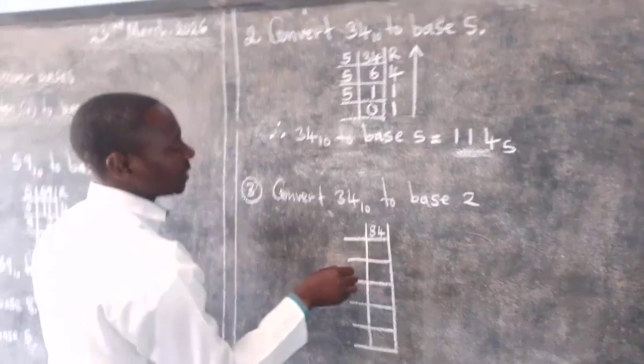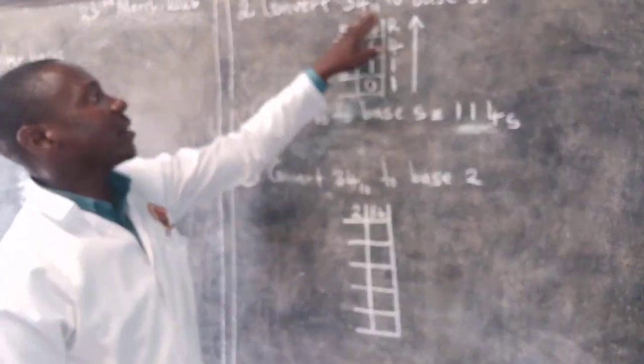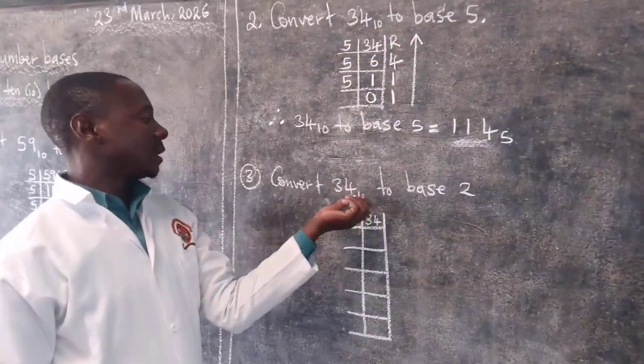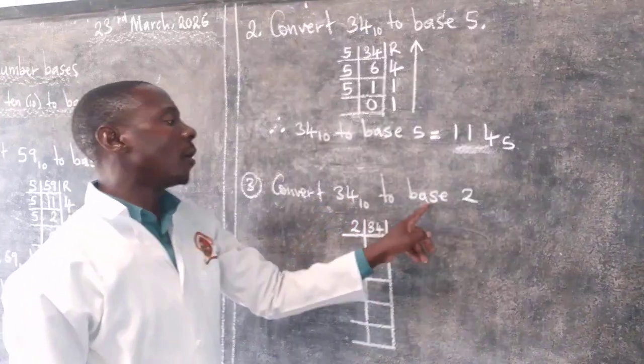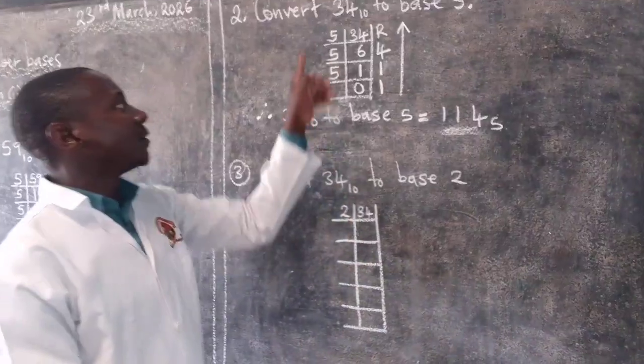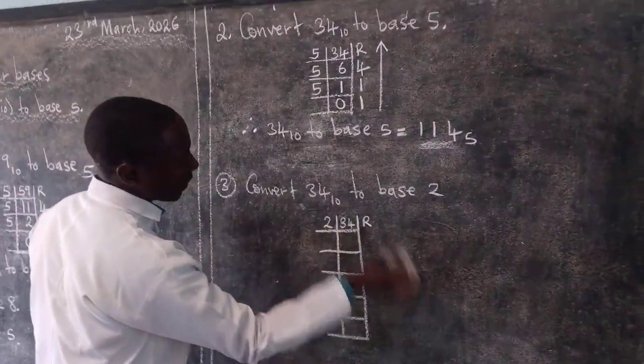Write it here. Since here we have been changing from base 10 to base 5, here we are going to change from base 10 to base 2. No wonder here I have written 2 instead of 5. So I'll put 2 here, then the remainder outside.